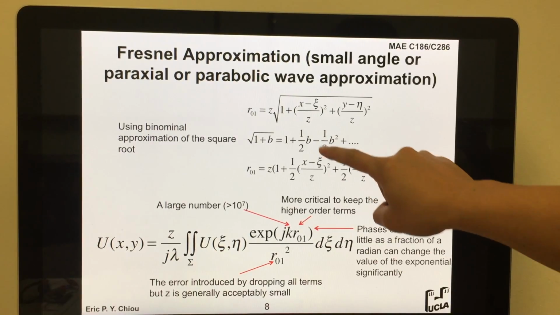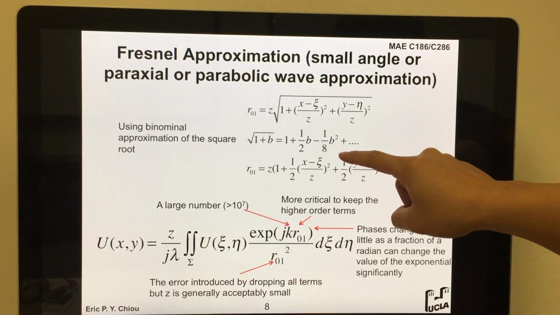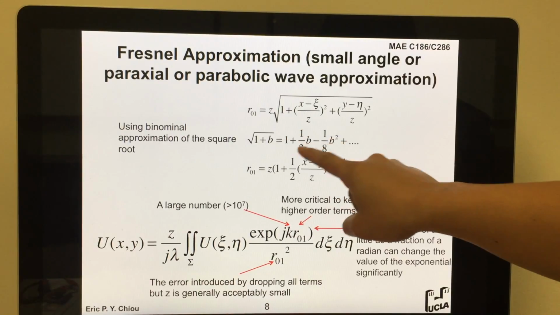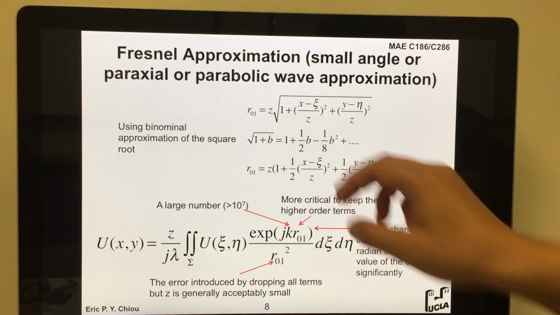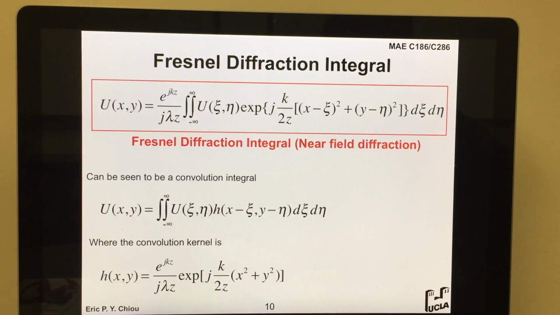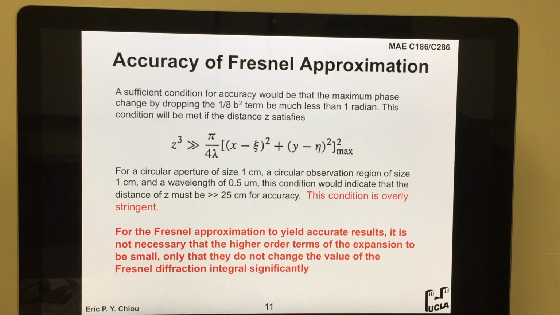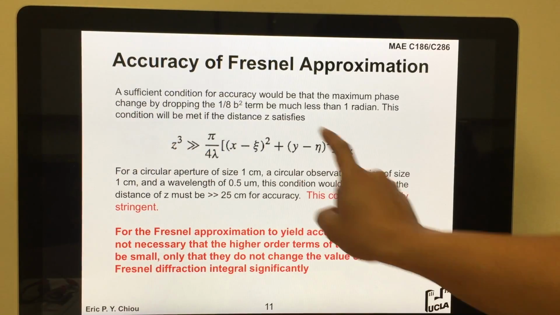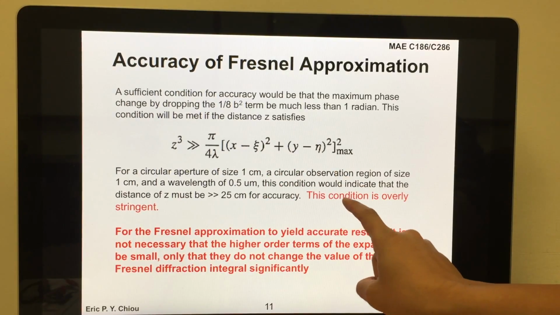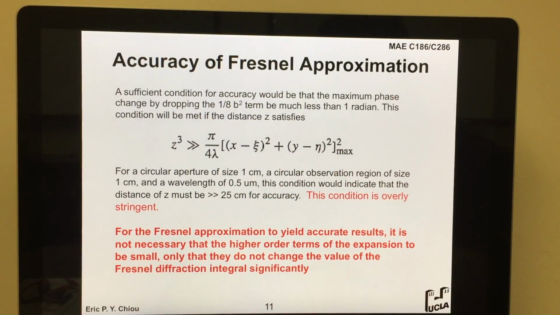If you want to keep the first term accurate, this one needs to be small enough, so z needs to be bigger than this term, so that the Fresnel approximation provides a good enough answer to the original integral.